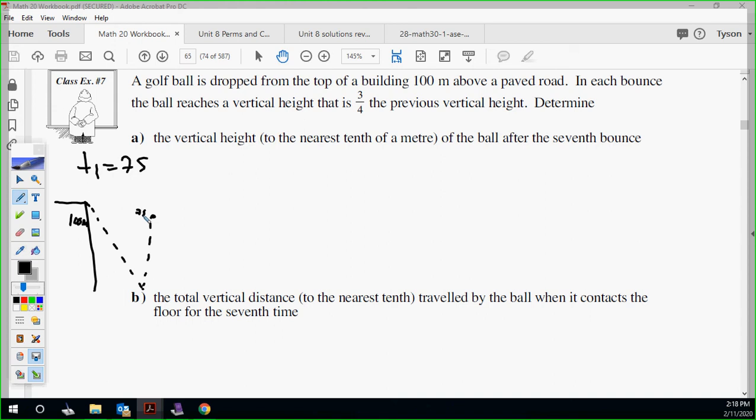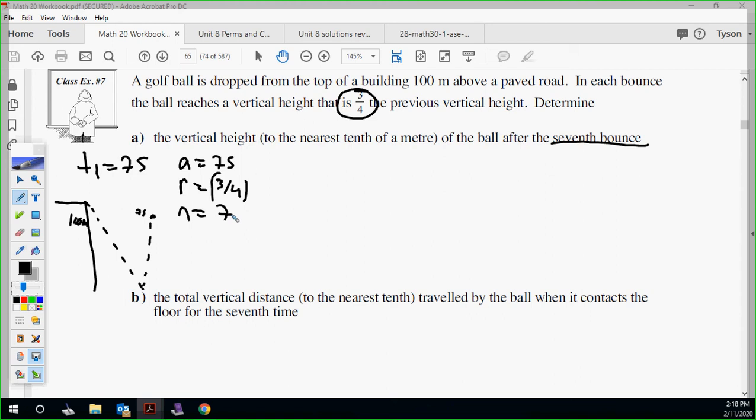So as of now, my T1 is bounce 1, so in this situation I want T7. So I'm looking for T7. If T1 is 75, that's my a. What is my r? 0.75 or 3/4. And then we want n to be 7. We're ready to go ahead and figure this out. This is not a series problem, is it?